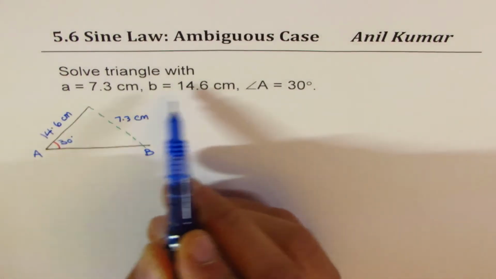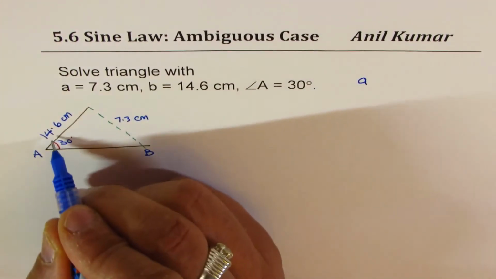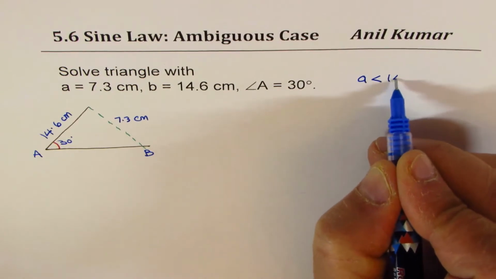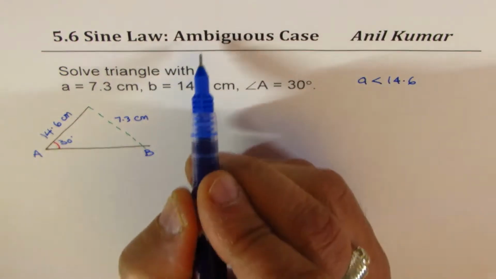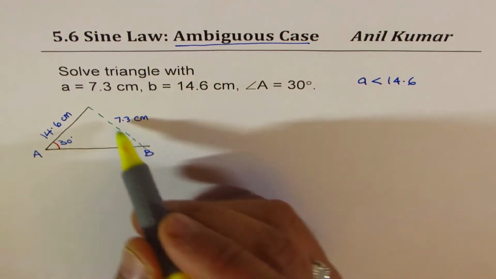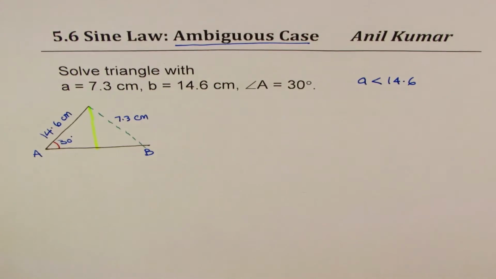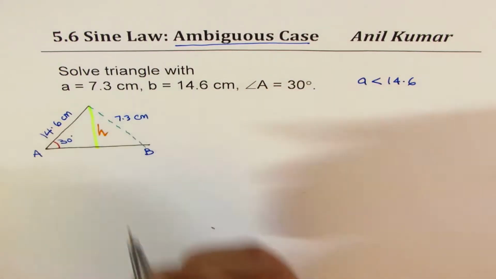Now since we have a situation where we know that a is less than 14.6, correct? So we could try for the ambiguous case. That is the whole idea. First thing is, it should be less than that. So let's find the height of the triangle now, right? Let's find the height, h.